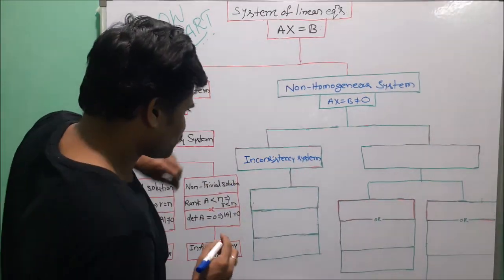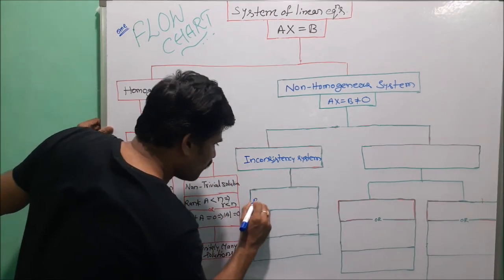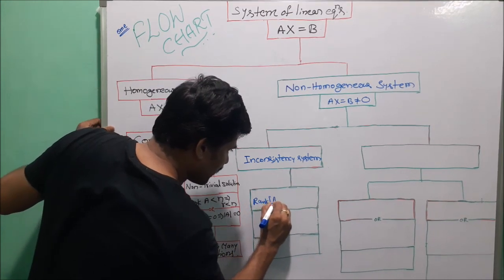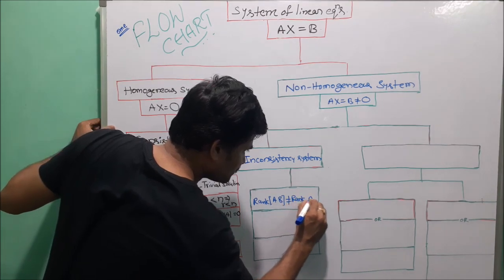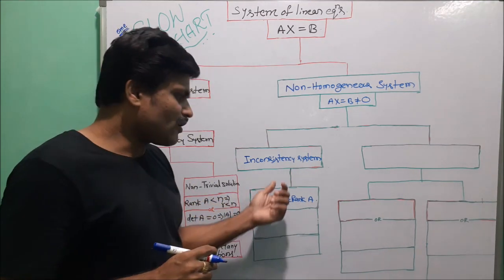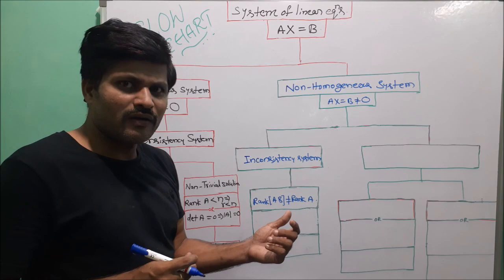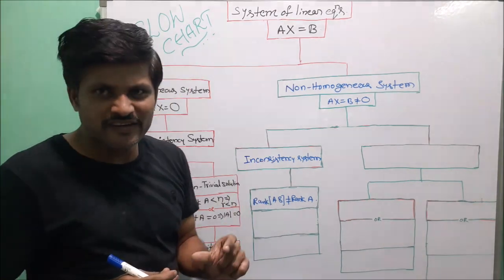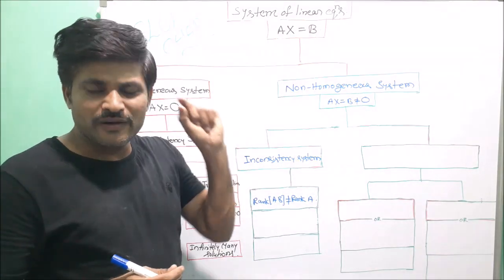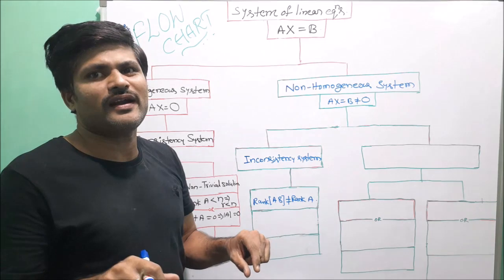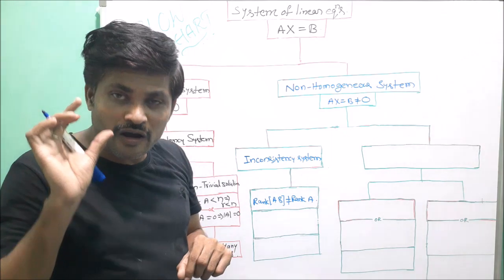Based on rank, the rank of the augmented matrix is not equal to the rank of A. If the rank of the augmented matrix is not equal to the rank of A, then the system has no solution and we say the system is inconsistent. The augmented matrix means we take the coefficient matrix and beside it we write the constant matrix.